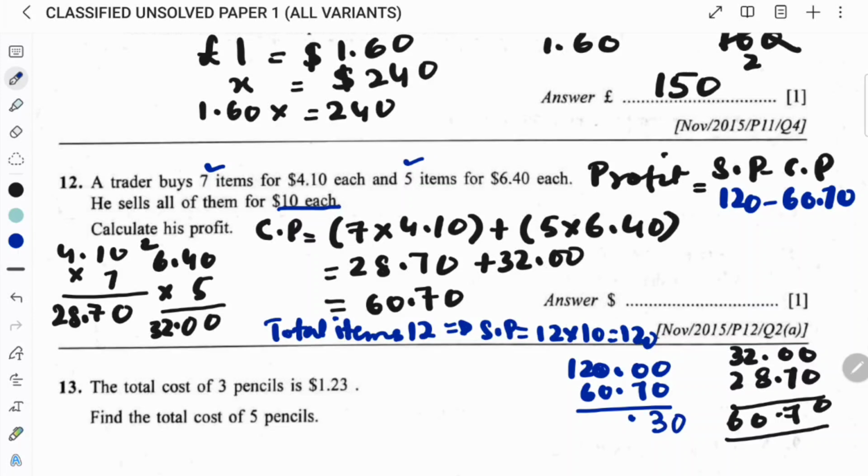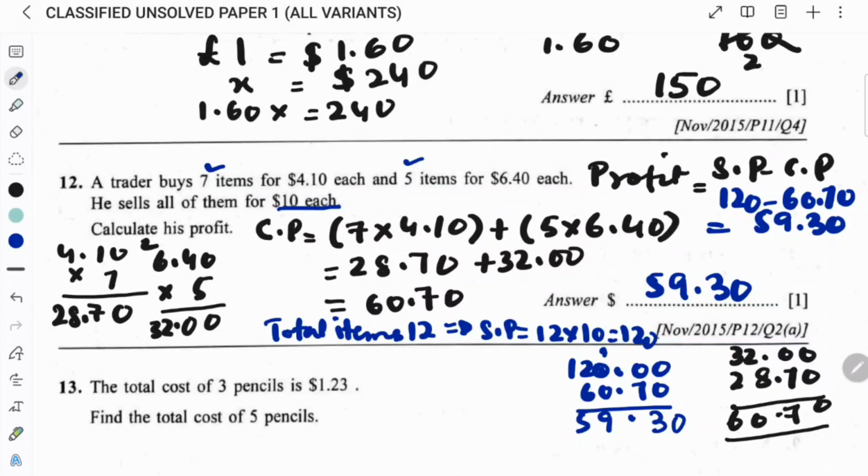Whenever you subtract it, then it's 9 over there, and then 11 and 6, 7, 8, 9, 10, 11, 59.30. 59.30 is the answer for question number 12.